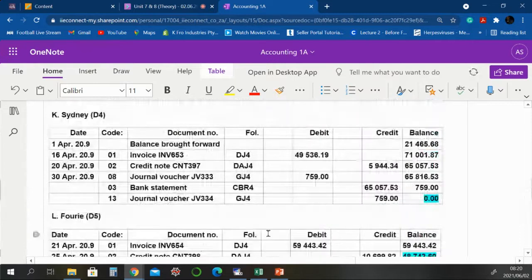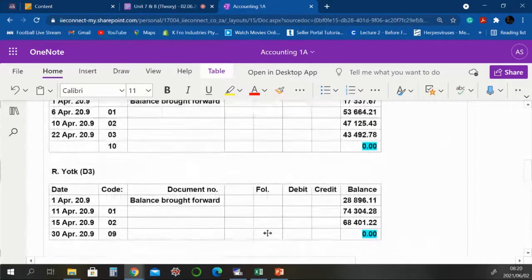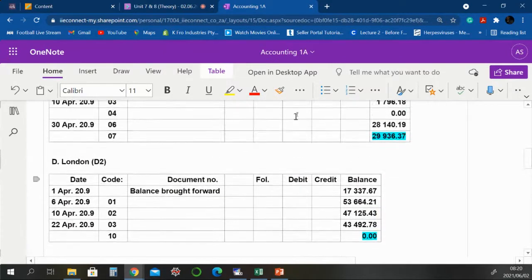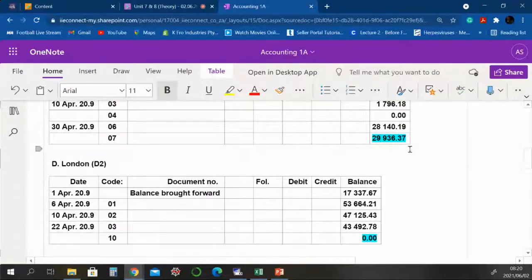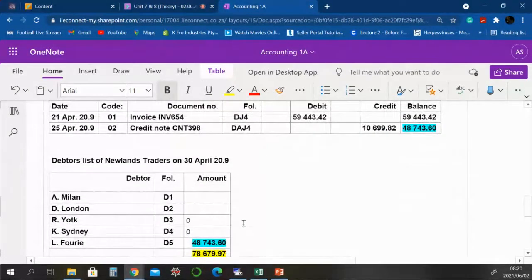Let's see how much was owed over here. That was also 0. That makes my life a bit easier. And then this first debtor, this amount right here, I think it's 29,000. Copy. And this was 0.